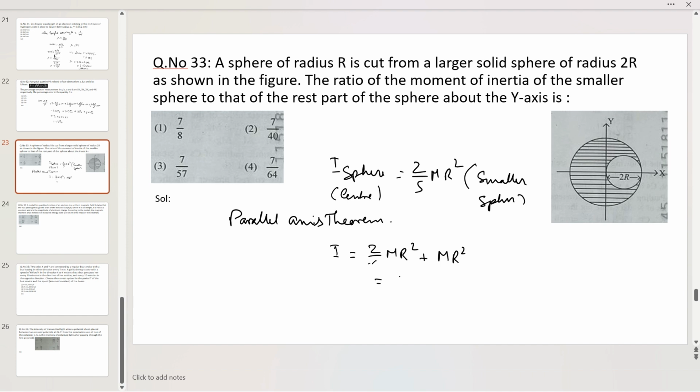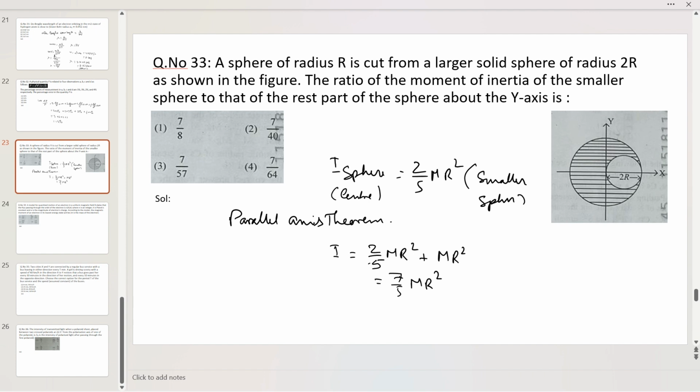Now we get the result 7 by 5 mr square. This is the moment of inertia of this smaller sphere about the y-axis.